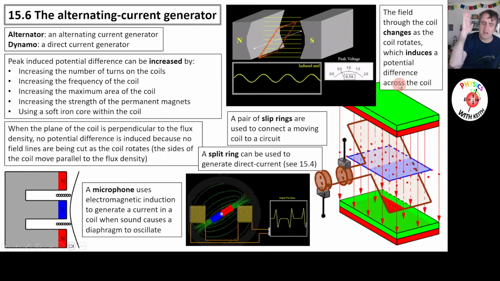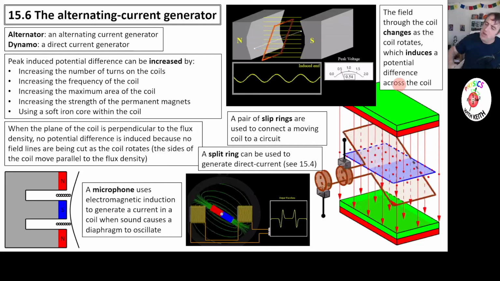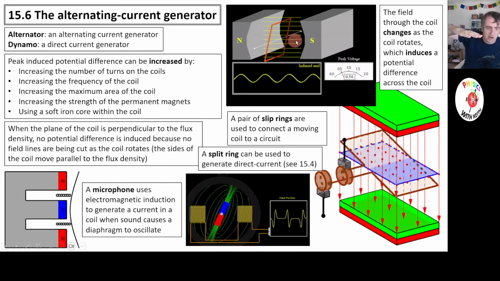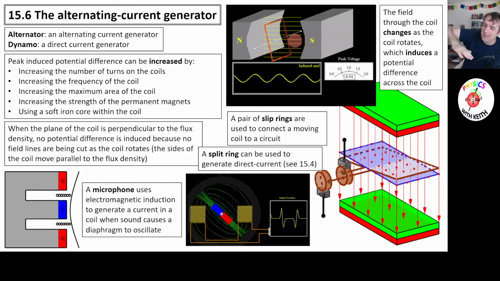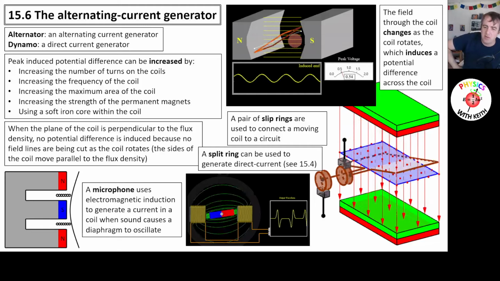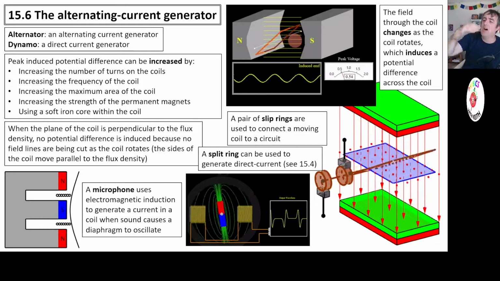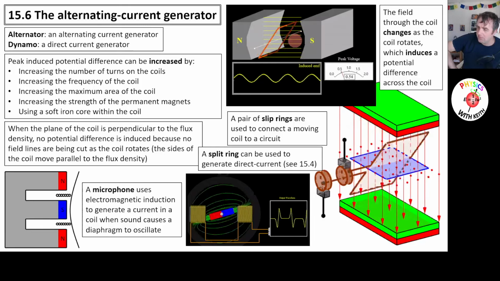When the coil has a plane that's vertical, loads of field is going through it. When the coil has a plane that is horizontal, no field goes through it. It all misses it. So we have a changing field as seen, we actually call it flux, but don't worry about that, a changing field as seen by the coil as the coil rotates.